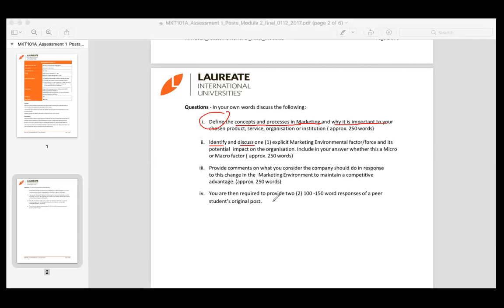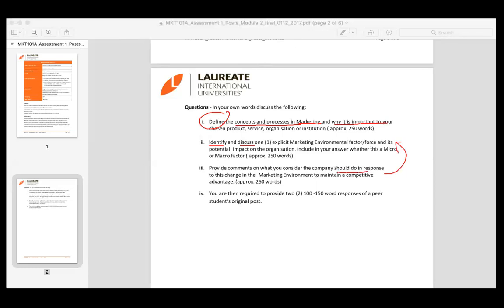The question also requires us to discuss why it is affecting our organization. The next one is to provide comments on what you consider the company should do. What do we have to do in relation to this environment, because the environment out there is in constant change? Those are the tasks that we need to deliver.